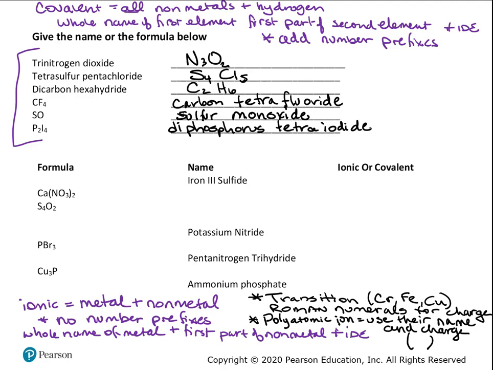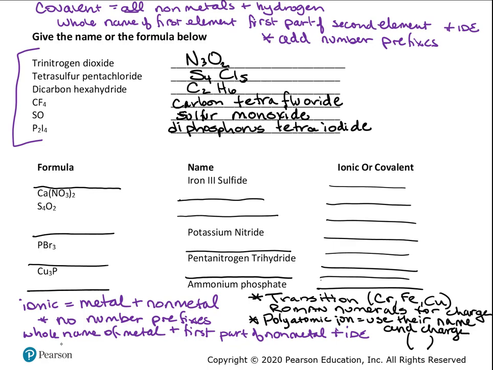So these are on that handout, that sheet. The ionic versus covalent column, the last column first. So iron 3 sulfide, is it ionic or covalent? Ionic, because iron is a metal. You should see it to the left of the zigzag line. CaNO3 is ionic, because calcium is to the left of the zigzag line.